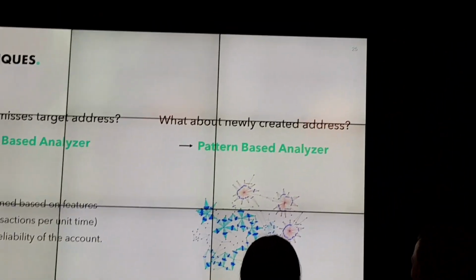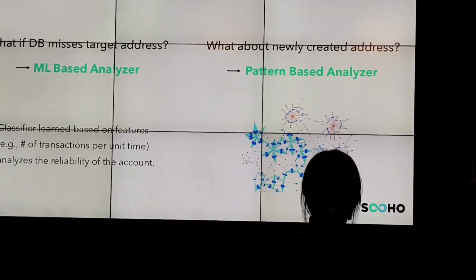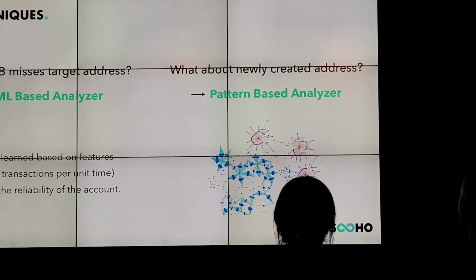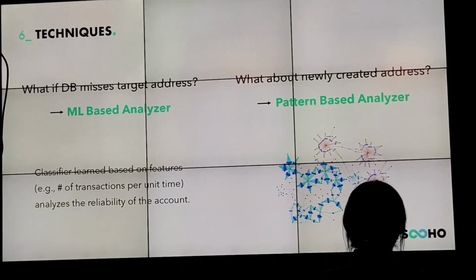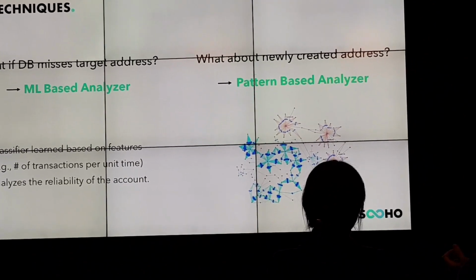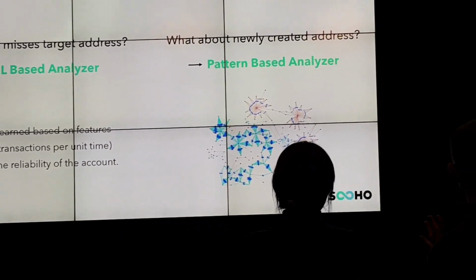At that time, I think the pattern-based analyzer could answer it. But if a scammer gives you a new address to send money to, that address is not going to have connections to any other address.